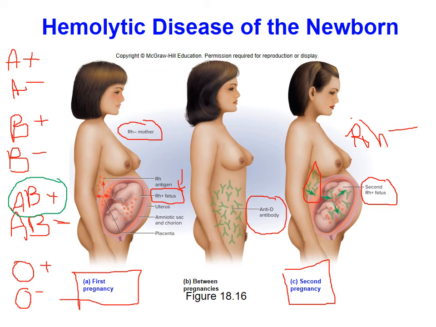If you now factor in what you know about the Rh, what would be the true universal blood donor, meaning that we can just blindly take this blood group and we don't even have to check the patient's blood type? We can just give it to them knowing that there would be no immune reaction at all.